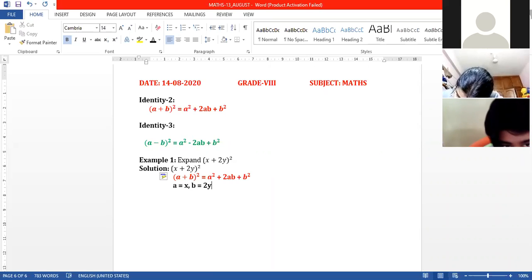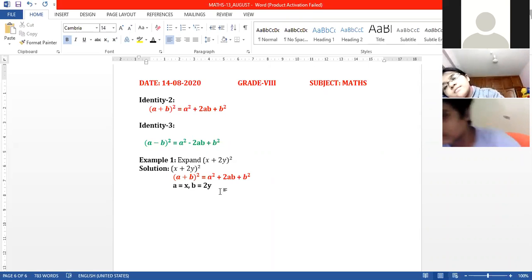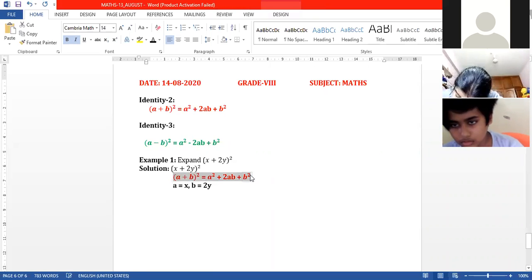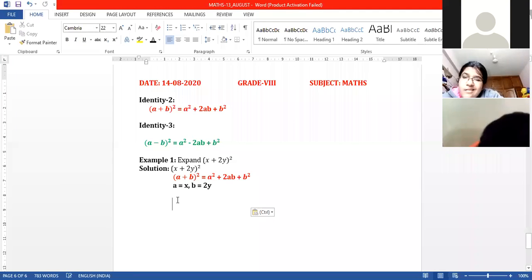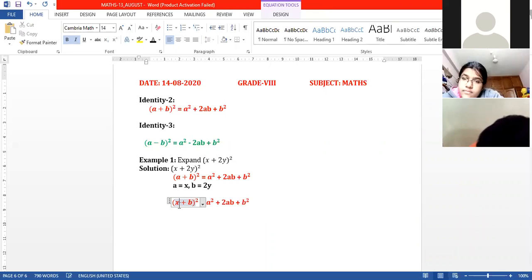Now the value of a and b I want to substitute in the given identity: in the place of a I want to substitute x, in the place of b I want to substitute 2y.